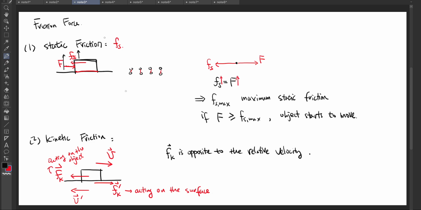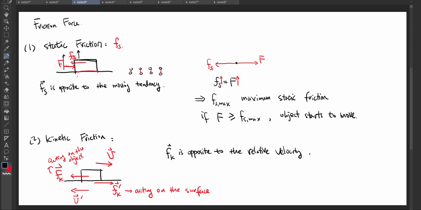One more thing I want to go back to with the static friction is how to determine the static friction's direction. Fs, let me write down this first. Fs is opposite to the moving tendency direction. So what's the meaning of moving tendency?